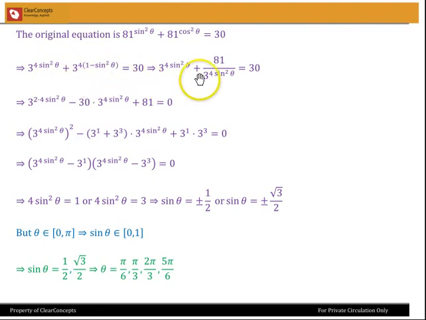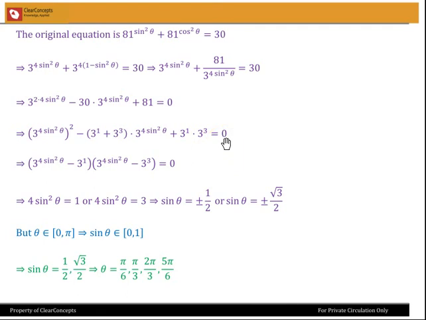This second term here I can write as 81 by 3 to the power 4 sine square theta, and then multiplying everything, I get 3 to the power 2 times 4 sine square theta minus 30 times 3 to the power 4 sine square theta plus 81 is equal to 0. Again, expressing everything in base 3, 3 to the power 4 sine square theta whole squared minus 3 to the power 1 plus 3 to the power 3 times 3 to the power 4 sine square theta plus 3 to the power 1 times 3 to the power 3 is equal to 0.